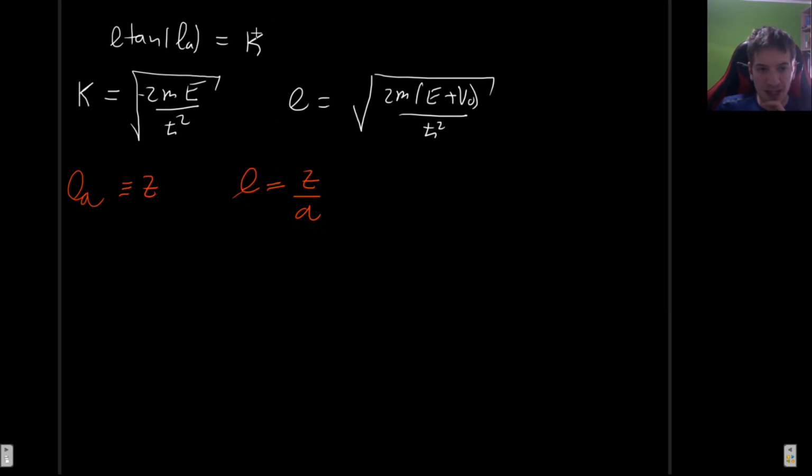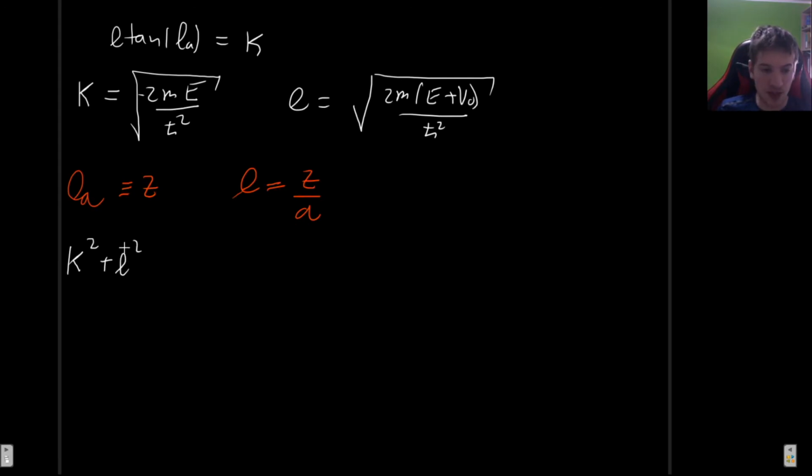Now, how can we relate k to this amount? Let's look at what we have here. k and L are actually quite similar. So what we can try is to add the squares of these quantities. Why? Because we have 2mE inside of this and minus 2mE inside of this, so the result of this expression is going to be quite simple.